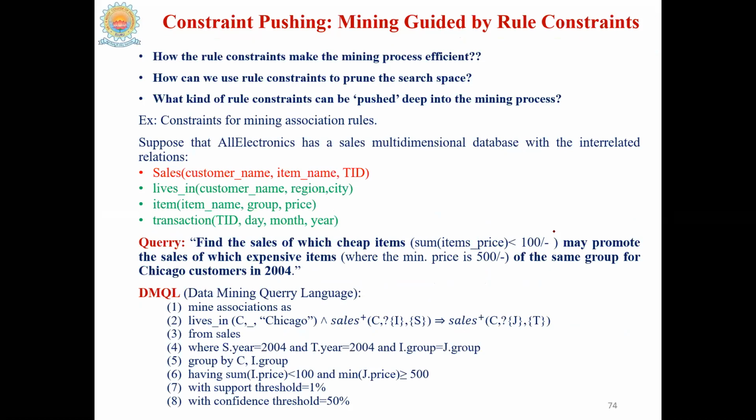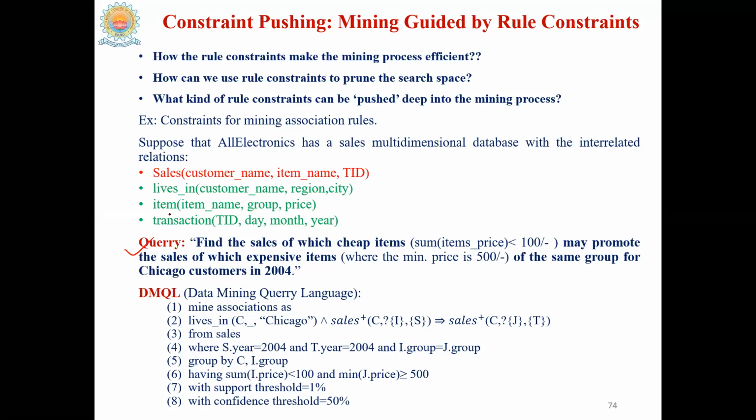So, in order to go into depth on the different constraints we have, let us consider an example. Here is the given query. This was already discussed in the last class. In the query, what they're asking is to find which cheap items' sales should promote the sales of expensive items.